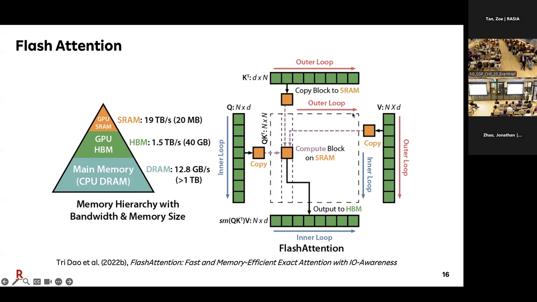You can see the SRAM here: it loads parts of Q, K, and V into the SRAM, does computations with the data in the SRAM, and then moves to the second block, the third block. In this way, what it saves is the time cost of moving data between the chip and the high bandwidth memory.